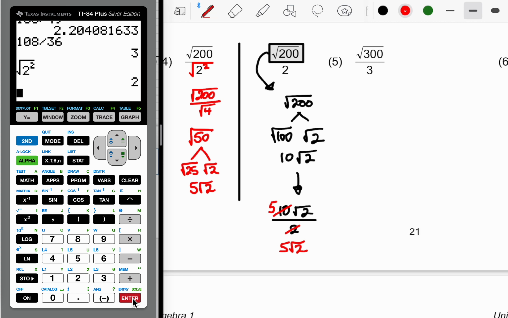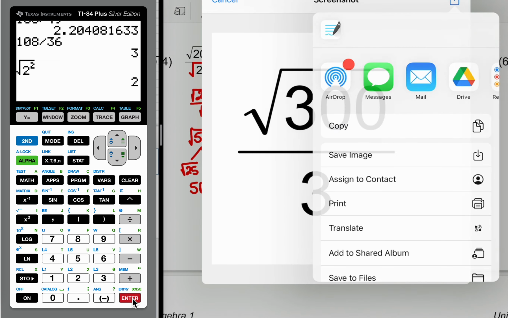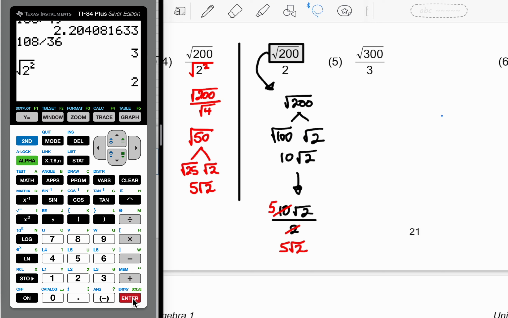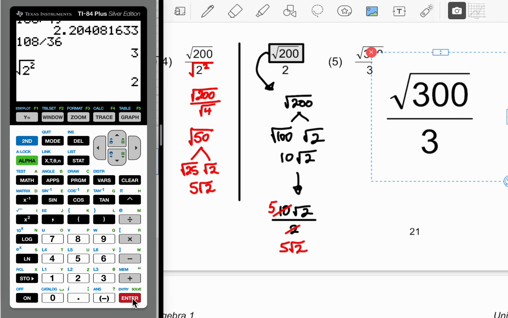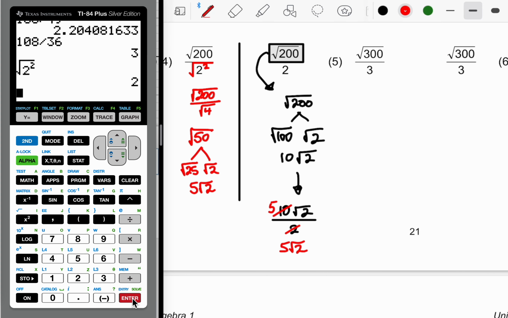Same deal, do it one of 2 ways. I'm just gonna duplicate. So I can square the bottom and pop a root on it.